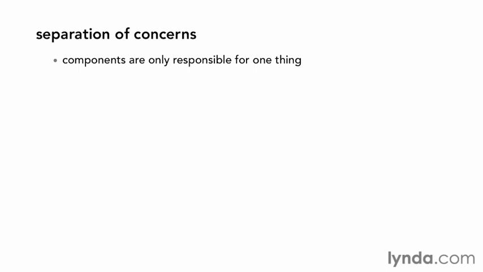Components that are built using true separation of concerns are inherently loosely coupled, meaning that they do not depend on any other components in order to get their job done. An application built using loosely coupled components creates a level of isolation that makes it very easy to enhance or even replace individual components with great confidence that none of the other components in the system will be directly affected.